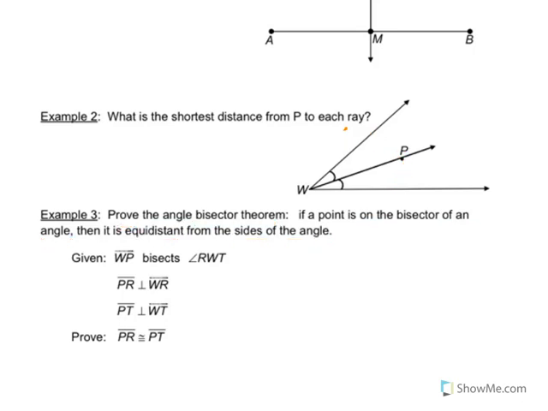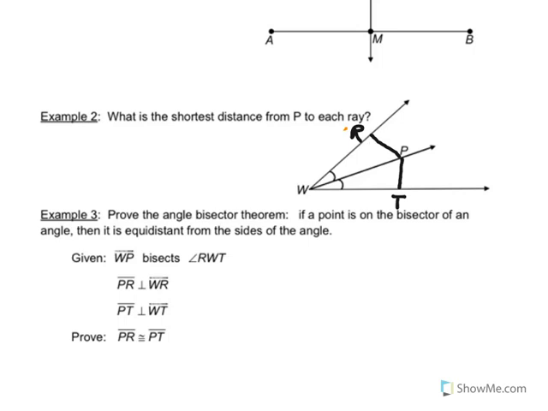First of all, they didn't give us a full drawing here. It says that PR is perpendicular to WR, so we have to go ahead and I'm going to draw that in, and we're going to put the R right there, and then it says PT is perpendicular to WT, so we're going to put that in and put point T right there.